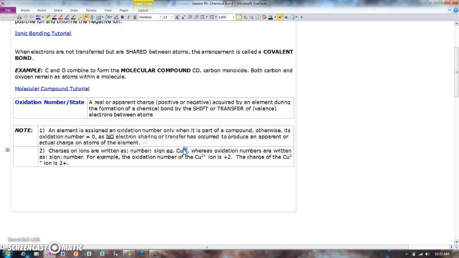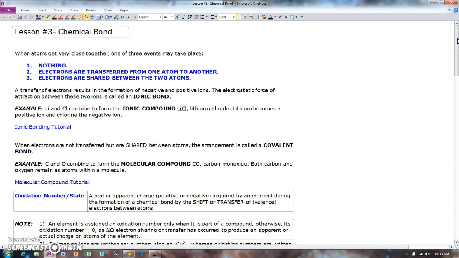So the oxidation number for Cu2+ is written as +2, where the charge on the Cu2+ is 2+. Okay, so when it's written with the symbol, we put the number and then the charge. When we're dealing with just the oxidation number itself, it's a +2 oxidation number. Okay, so this is kind of semantics, things that are important, even though they may not seem important.